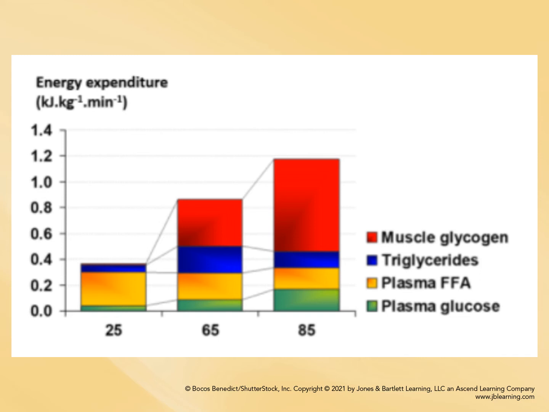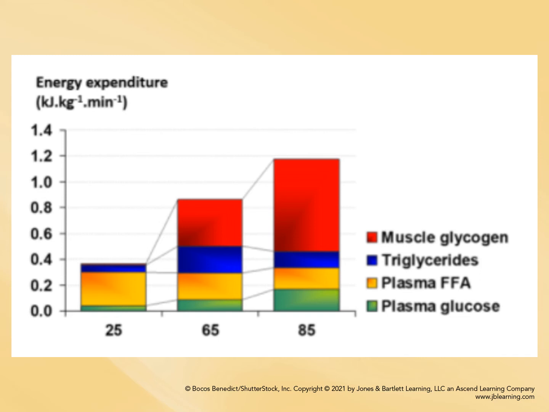The blue is the triglycerides, and the triglycerides are primarily contributing at 65%. And finally, you'll see that muscle glycogen, there's a very small sliver that's at 25%, but it becomes the predominant energy source at high intensity exercise. So it's the preferred energy source at high intensity exercise.